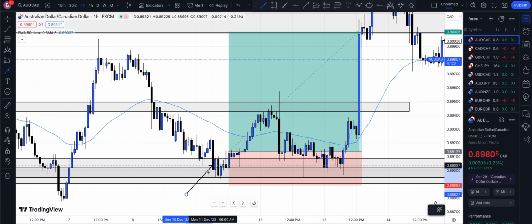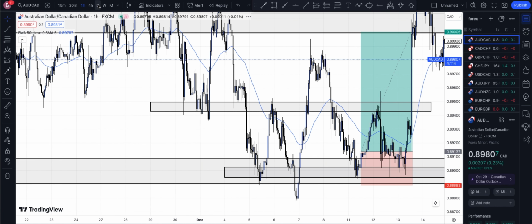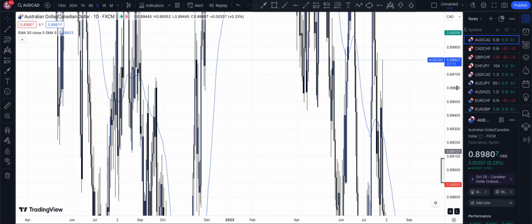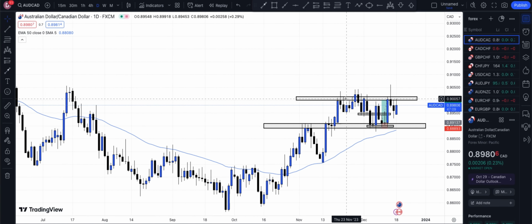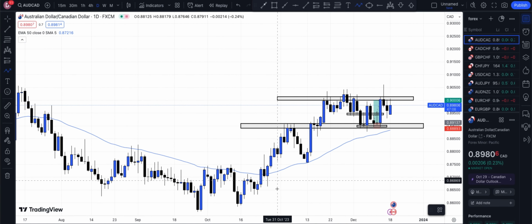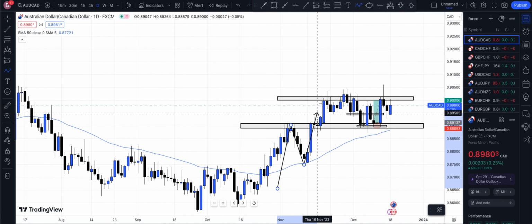But the reason I didn't take the short position here is, one, because if we go back to the daily time frame and we zoom out a little bit, we see that price has been very bullish. Price has entered this area. We've had a very strong push up.